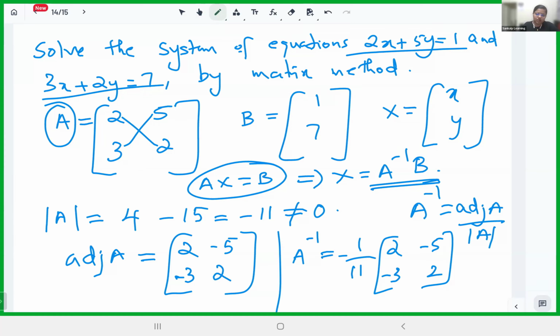This is the inverse of the matrix. Now we have to find the matrix of unknowns, that is X. What is X?